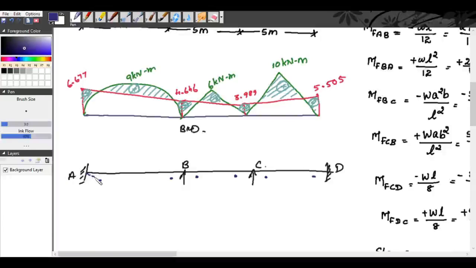So our deflection will be like this. These are the points of contraflexure where the bending moment changes its sign, that is from sagging to hogging and from hogging to sagging.